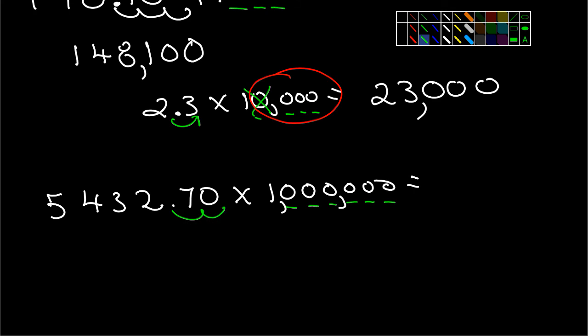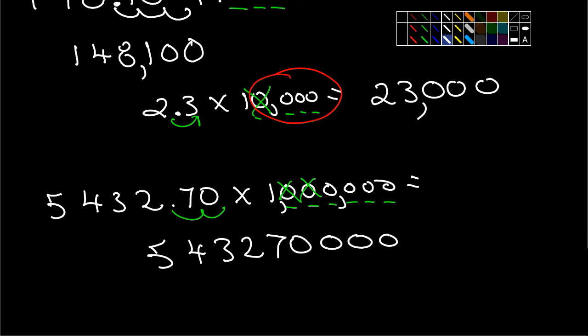So there's 2 places taken care of. How many zeros are left that I haven't moved? 4. So I'm going to write 5, 4, 3, 2, 7, 0, and then add 4 more zeros.